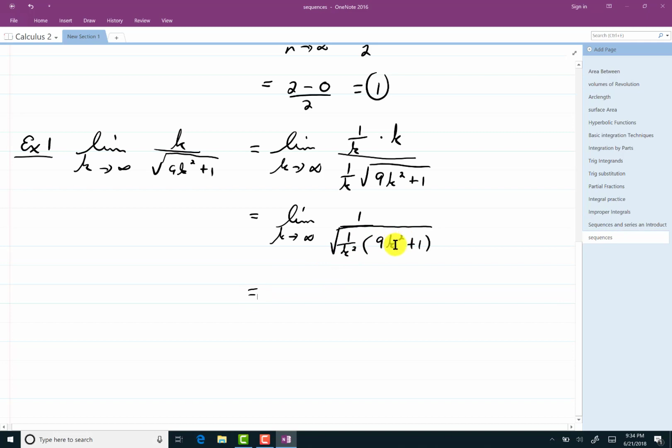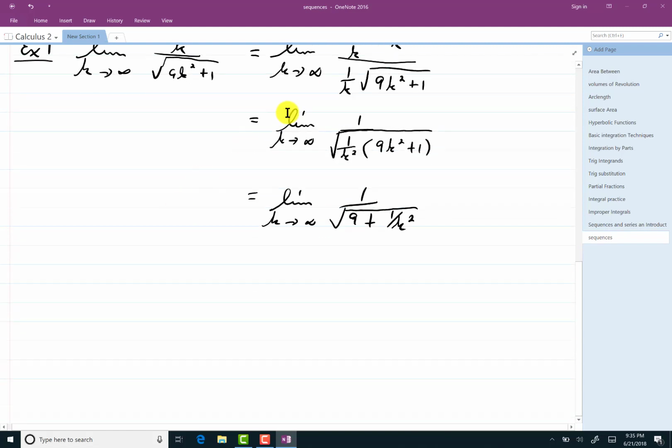I'll wipe out this k squared, but I'll leave a 1 over k squared in the second spot. So the limit as k goes to infinity, 1 over the square root of 9 plus 1 over k squared. And the limit you can take underneath of the root sign, and you can take it to the top and the bottom separately. As long as all the limits exist, I'll end up with 1 over the square root of 9 plus 0, or 1/3.